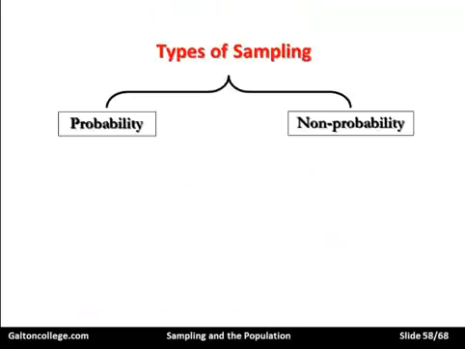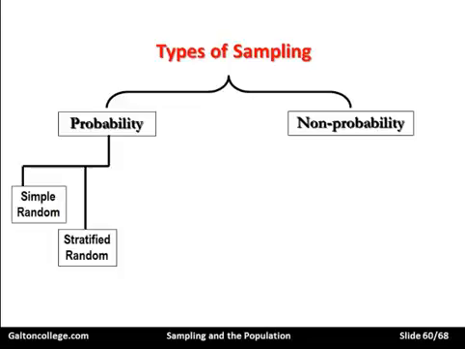So the types of sampling, well, we have probability and non-probability. If you remember back, probability, simple random sampling. Then we had stratified sampling, looking at the entire population and then breaking it down into different strata and interviewing randomly each person within the strata. And we also have cluster sampling.